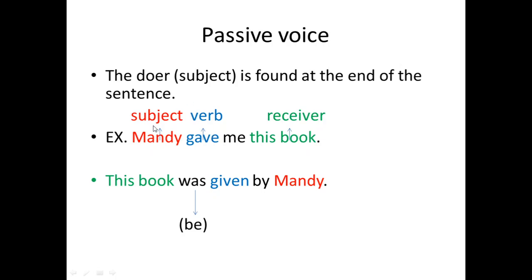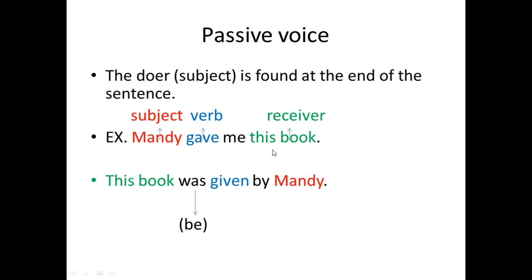Okay? So if we want to change this active voice into a passive voice, because as we said, how can you tell this is an active voice? By finding the subject at the beginning of the sentence. Okay? Good. So how can we change this active voice into a passive voice?